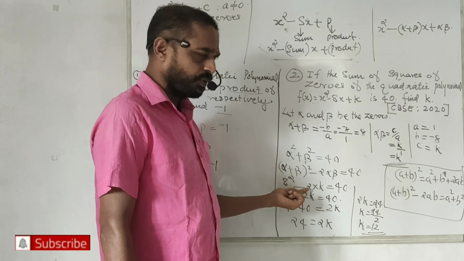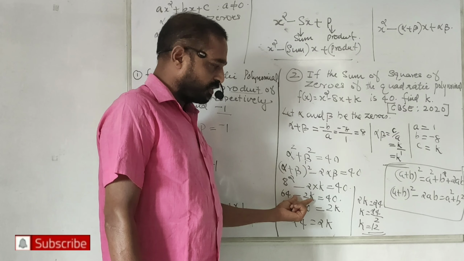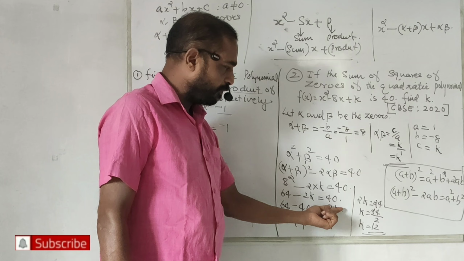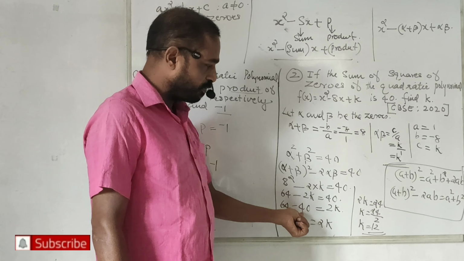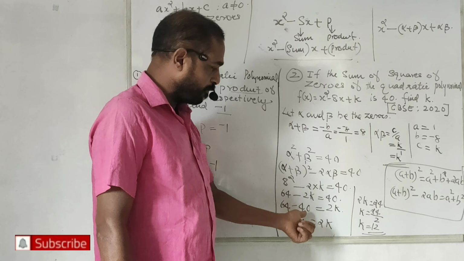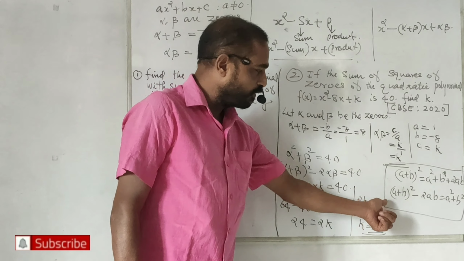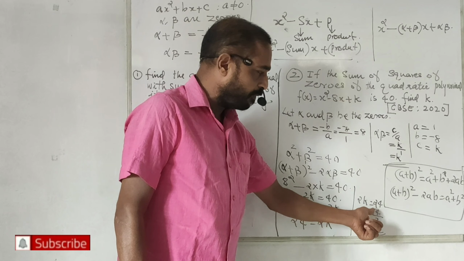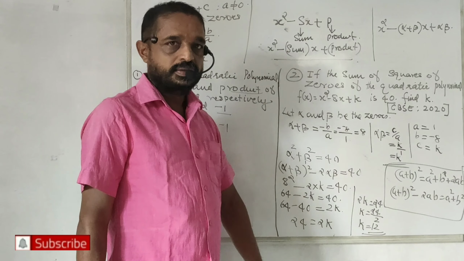We are transposing this negative 2k to the right hand side, becomes 2k. This plus 40 is brought to the left hand side. 64 minus 40 is equal to 2k, 24 is equal to 2k. If 2k is equal to 24, what will be k? K is equal to 24 by 2, that is k is equal to 12.